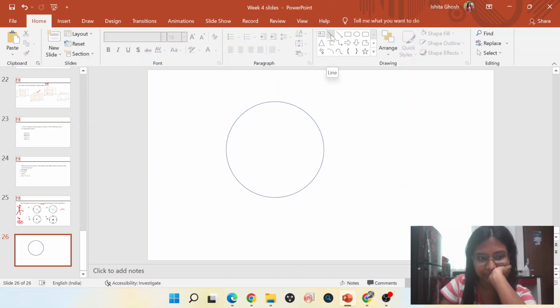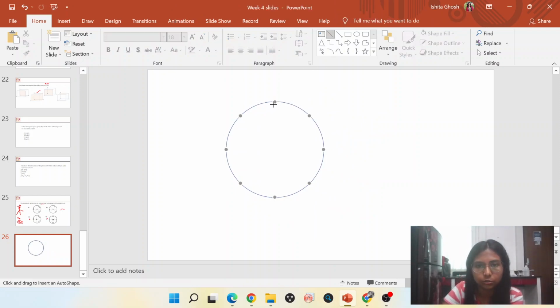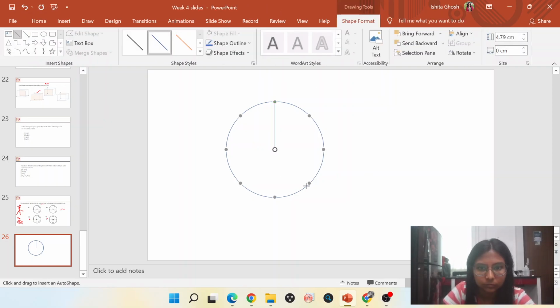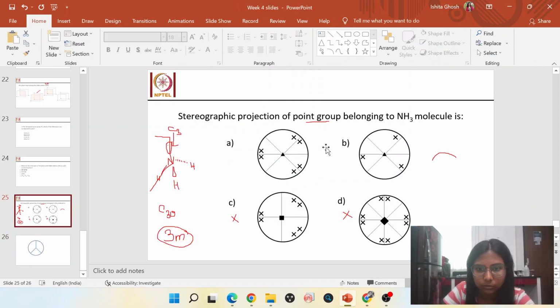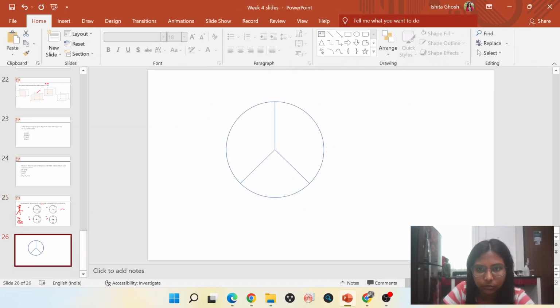We have this here, and then let me first draw the C3. So what is given here? It's like an X kind of thing, so we can use anything.